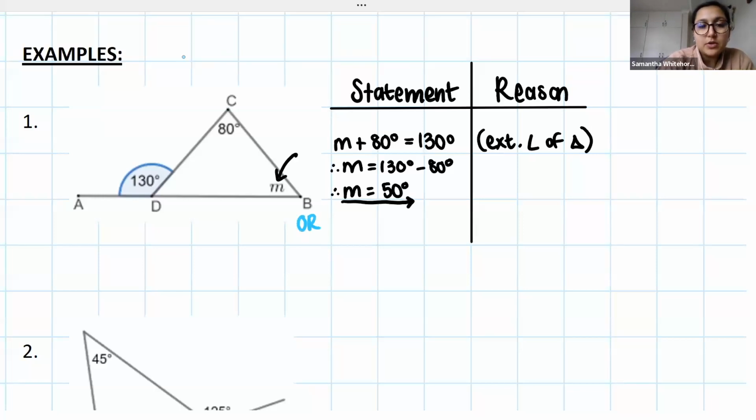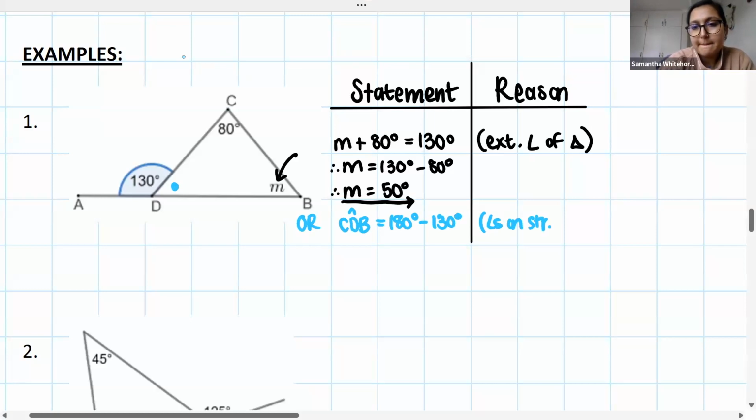Right, the second way that you could do this question is you could first work out this angle here at CDB. So you can say angle CDB is equal to 180 minus 130 because of angles on a straight line. And so now you know this angle here at CDB is 50 degrees. And then you can use angles in a triangle.